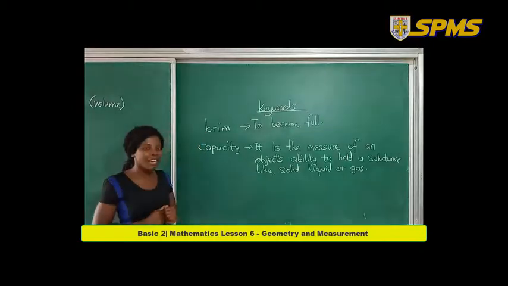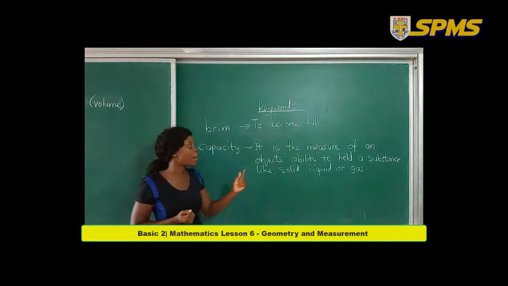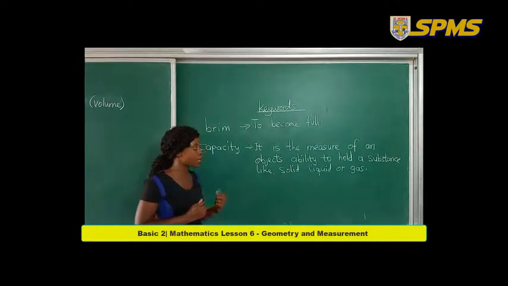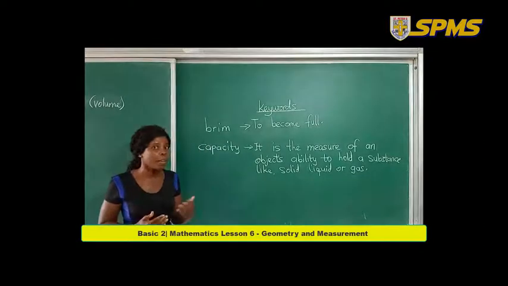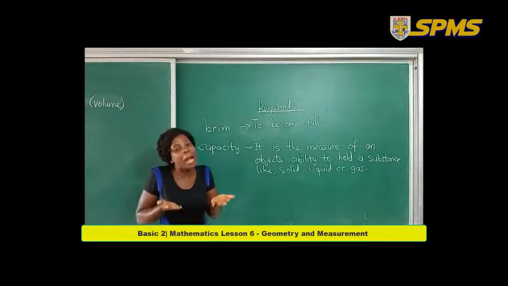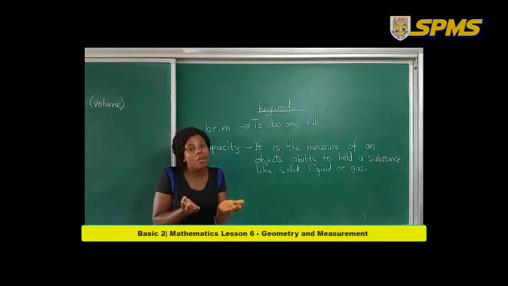The next word, capacity. What does it mean to say capacity? It is a measure of an object's ability to hold a substance like solid, liquid, or gas. So if you have an object that has the ability to hold any liquid, solid, or gas substance, it's known as capacity.